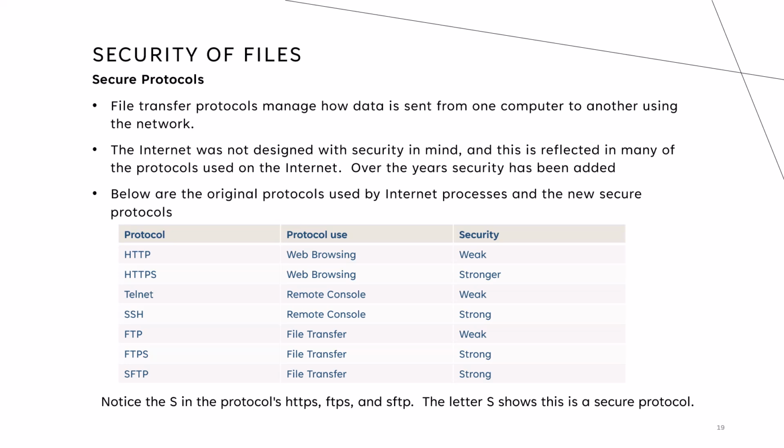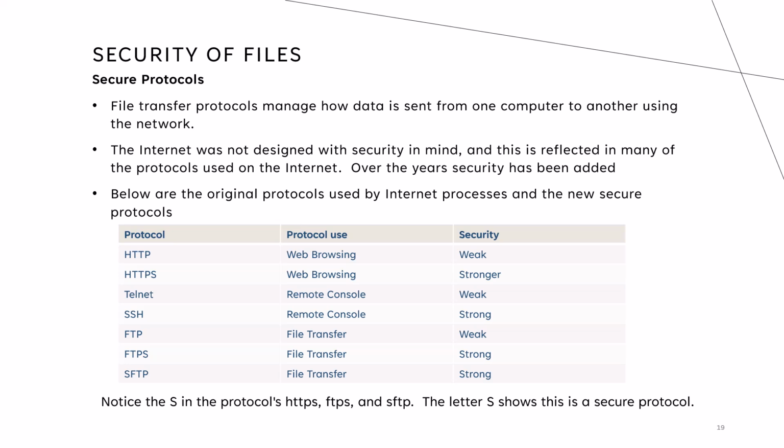Telnet and SSH both are used for remote console, basically taking control of another computer at a remote end. Telnet does not have any encryption. SSH has encryption. And then we have the three file transfer protocols, FTP, FTPS, and SFTP. FTP has no encryption capability.